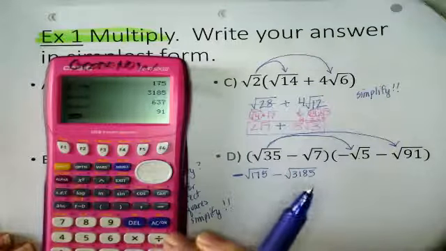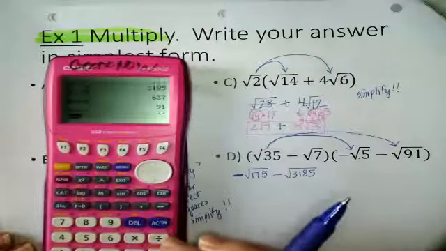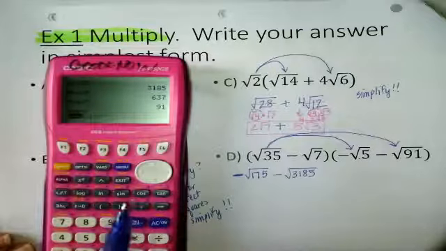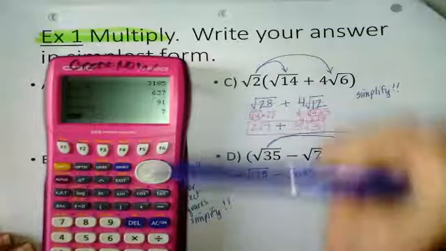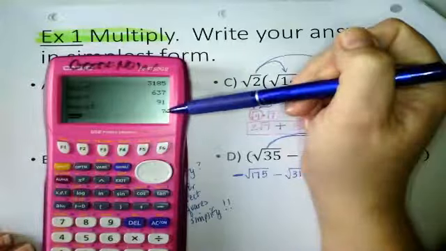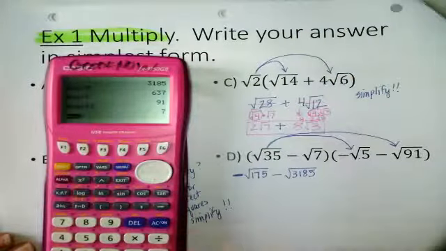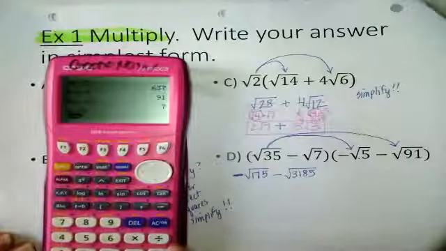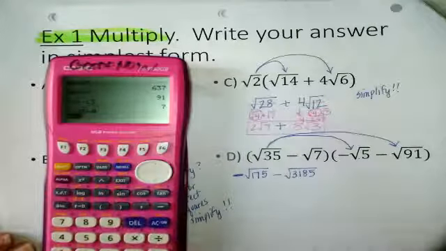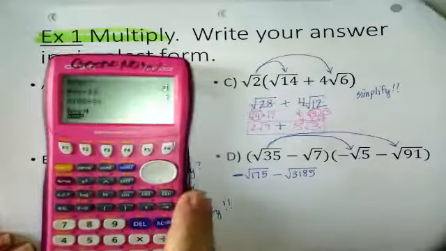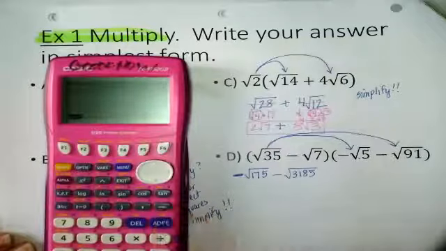I can't remember if 91 is prime. Look at that. It is divisible. Okay, wow. 3185 is divisible by 49. Look at that.